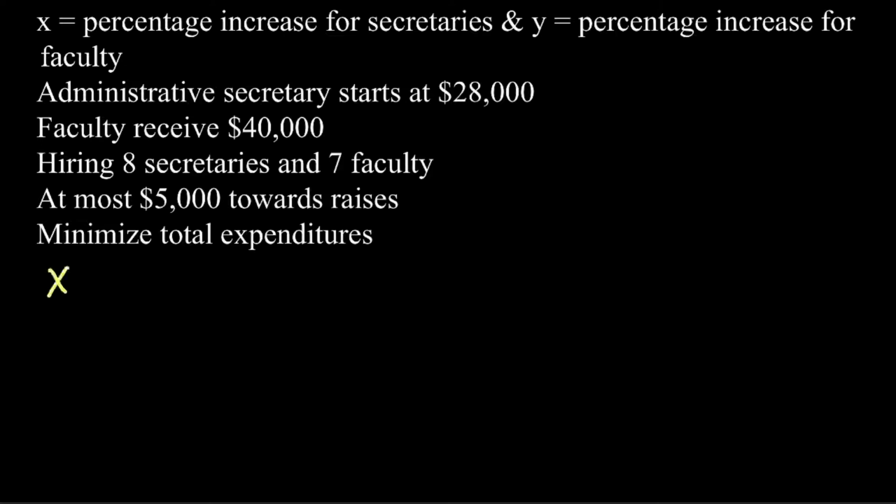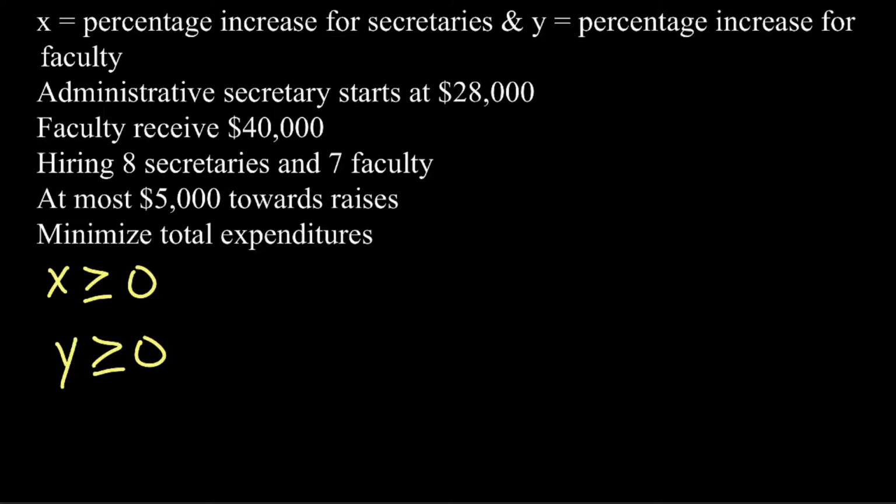So our x is going to be greater than or equal to 0, excuse me, and our y is going to be greater than or equal to 0. That's saying that the percentage increase for salaries can't be less than 0. It's either going to go up or stay the same. And that's going to be the same for faculty members.